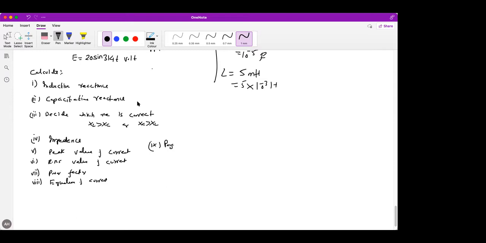So for average power, we'll use the same equation, ERMS, IRMS, cos phi. Yes, Abdullah, same equation.